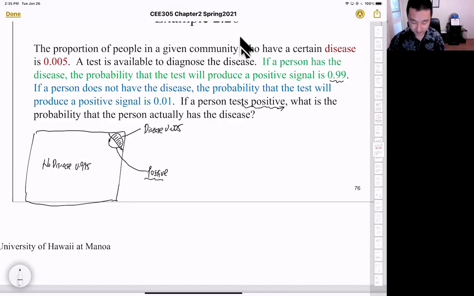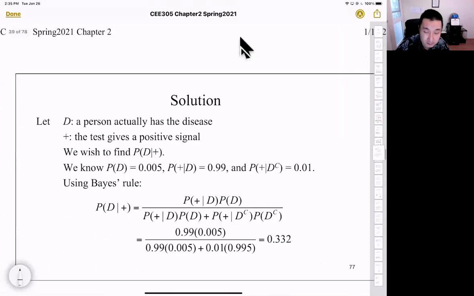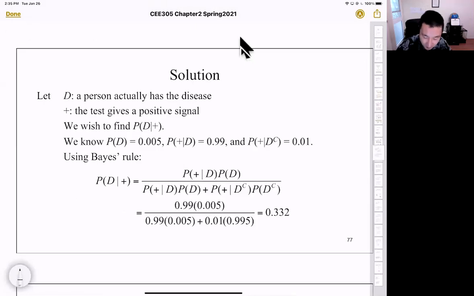Let's see the next slides. So define D as the person actually has the disease, and plus means the test gives a positive signal. This is what we know: 0.5% of people have the disease.